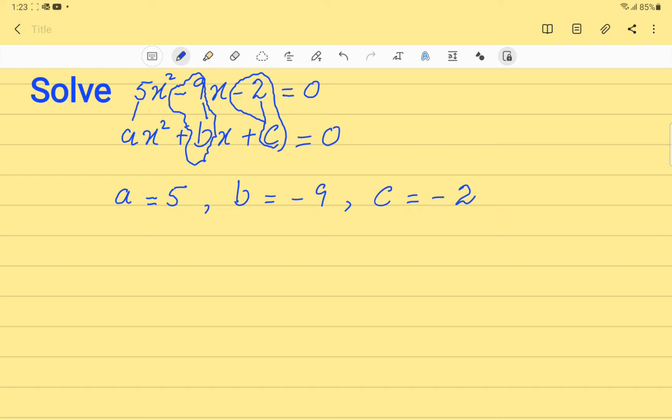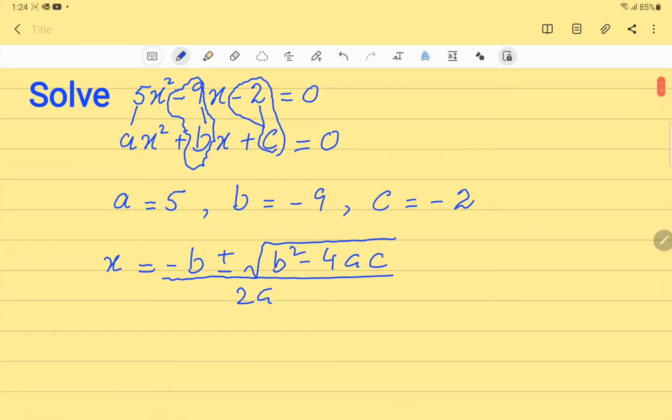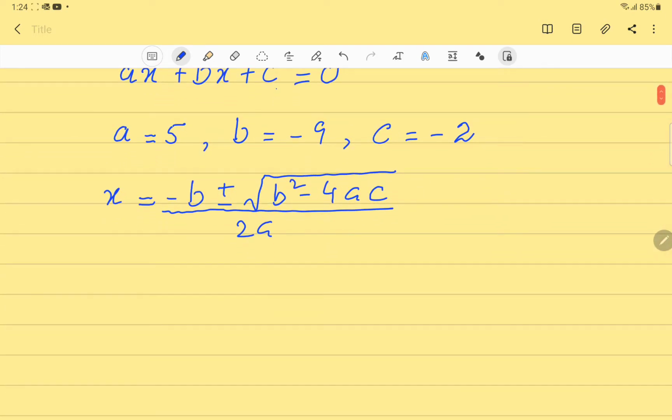Okay, our quadratic formula is like this: x is equal to minus b plus minus the square root of b squared minus 4ac, over 2a. We will substitute the values of a, b and c into this formula.